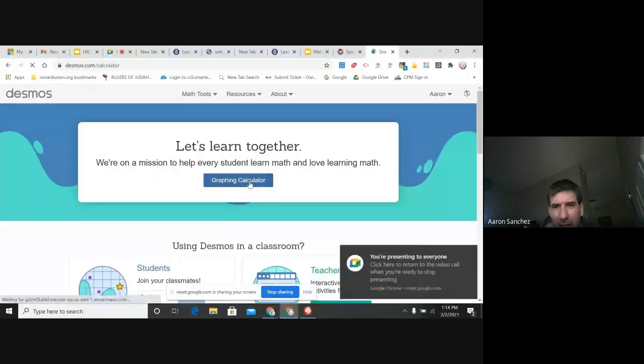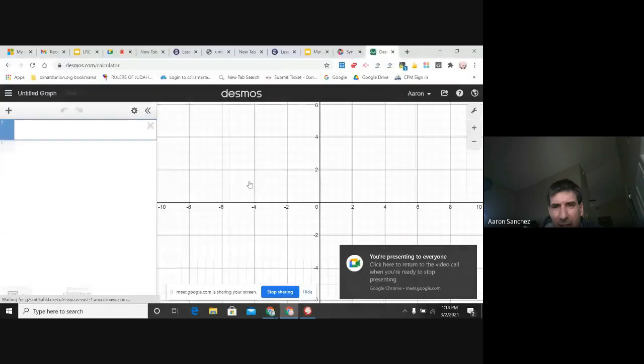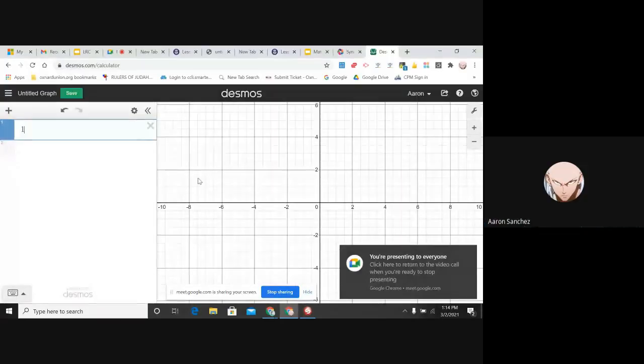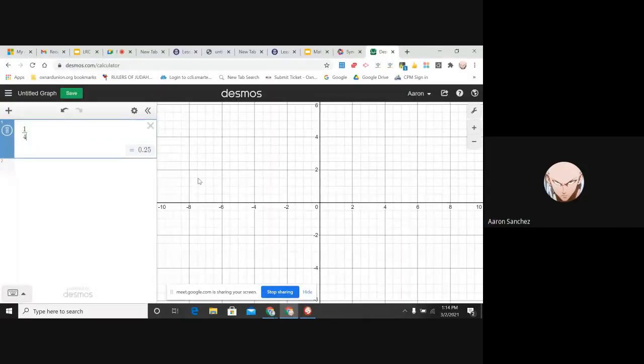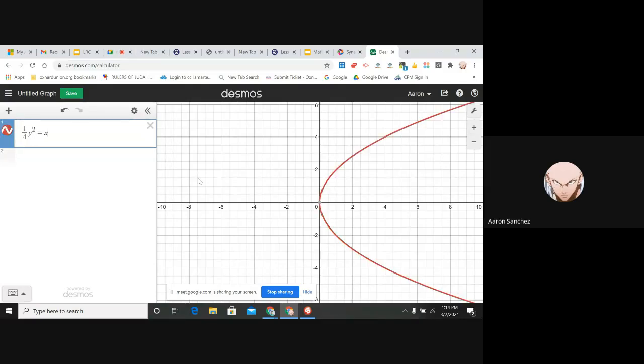Yep. All right. Okay, so let's go ahead and graph this on Desmos. It was 1/4, and then hit the y, and then you hit the hat on the 6, y squared, and then equals x. Okay, so look at this. What is the vertex? The vertex is 0, 0.